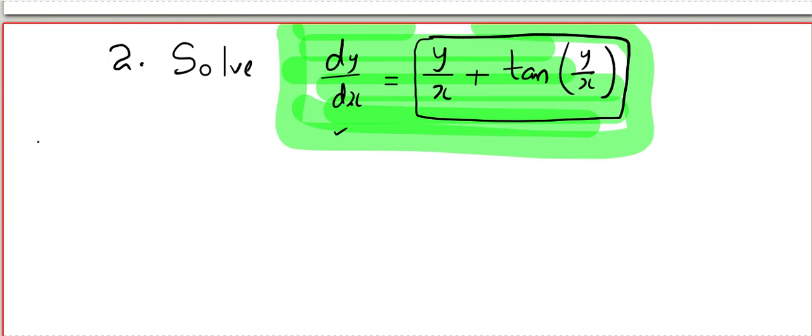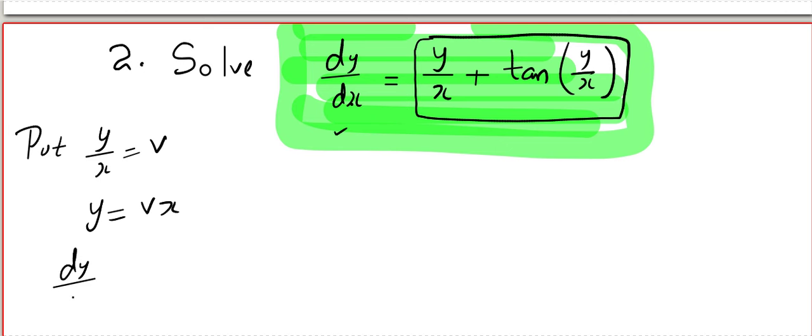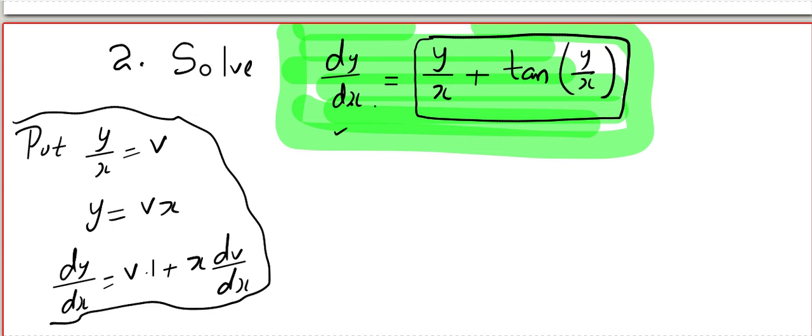So you identified it is homogeneous. So you put y by x is equal to v. That is, y is equal to v into x. So dy by dx will be v into 1 plus x dv by dx. Now let's plug in here.